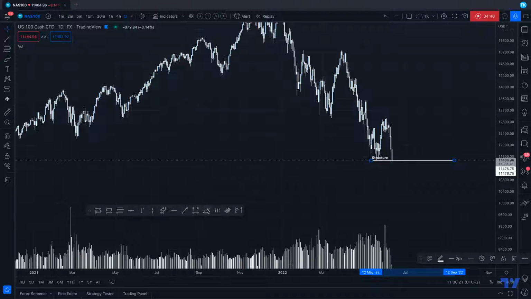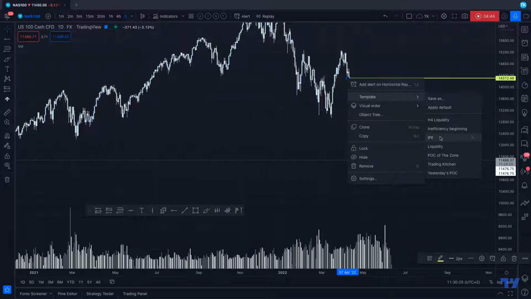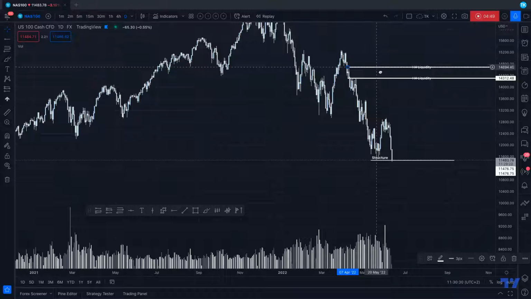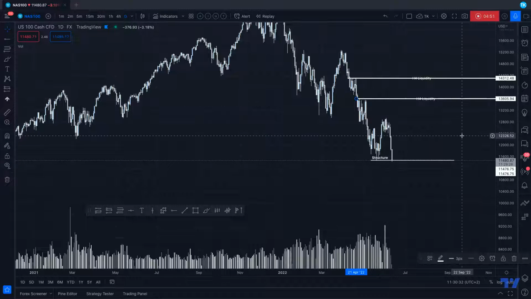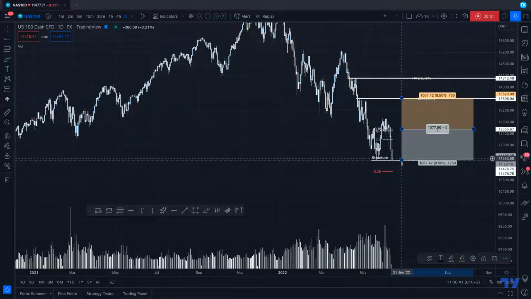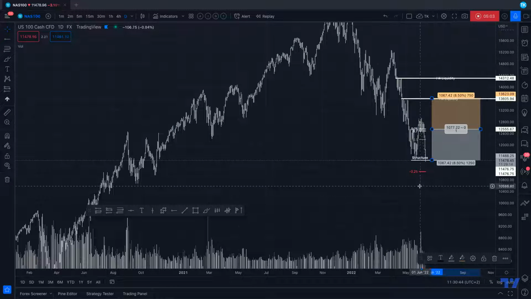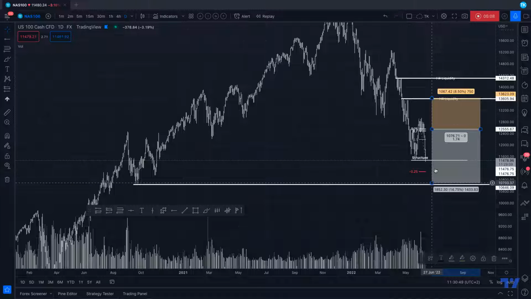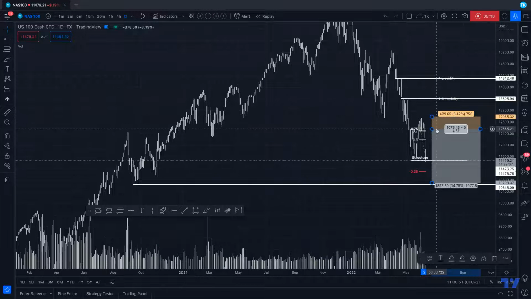And here, as on S&P, we have another huge liquidity level, and also here as well. So the retracement and the short possibility will be this one, and the target is another liquidity level, which is here. The stop loss will be just above these highs.